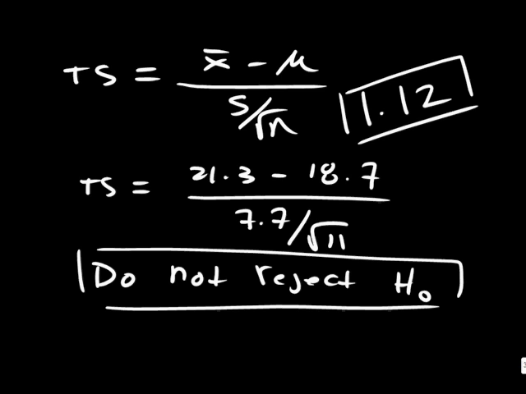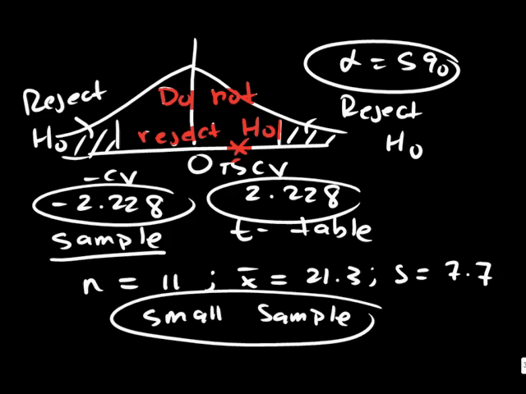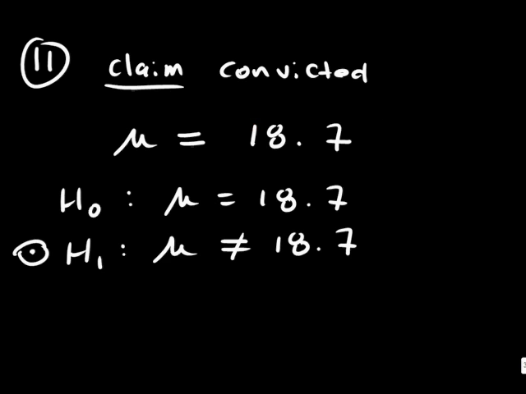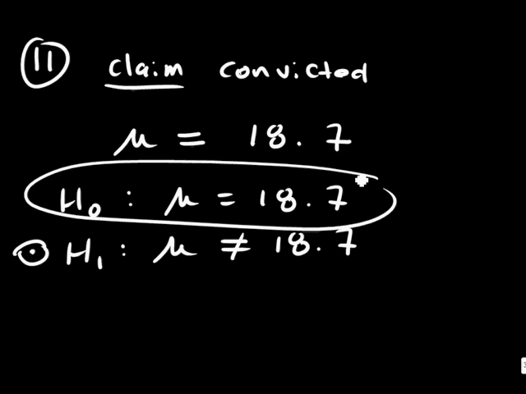Do not reject the null in some sense means we accept the null. What that means is that the sample information, although it's small, verifies the claim that convicts of burglaries spend an average of 18.7 months in jail. The sample information supports the claim.